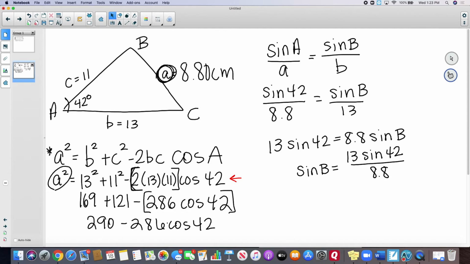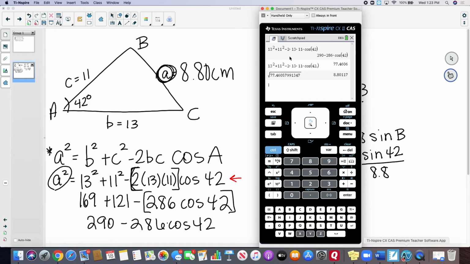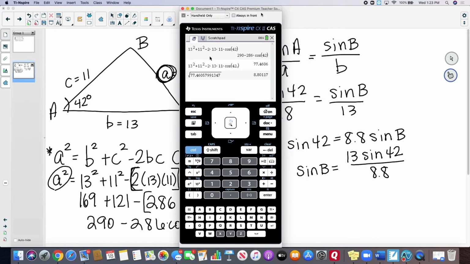So in your calculator, I want you to do control divide, 13 sine 42 over 8.8. And I just totally messed that up for y'all. So I want you to think before I say it what I did wrong.